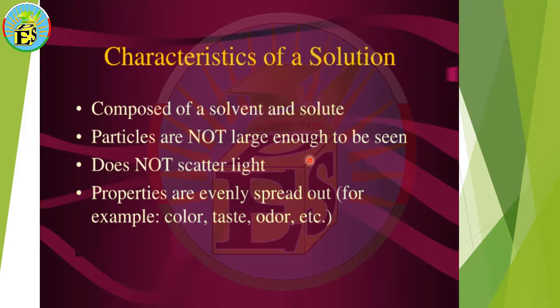If we put salt inside water, I can't see the salt after stirring the solution. It doesn't scatter light, it's transparent. If we have a salt solution and add any color, the color will spread out over all the solution.